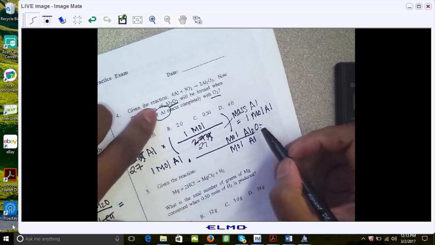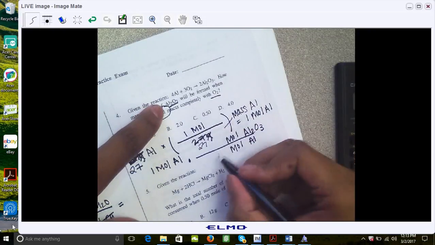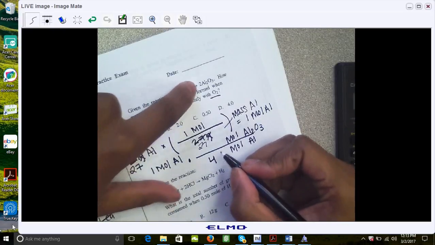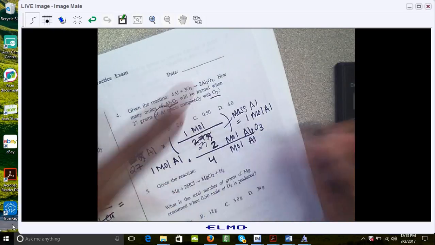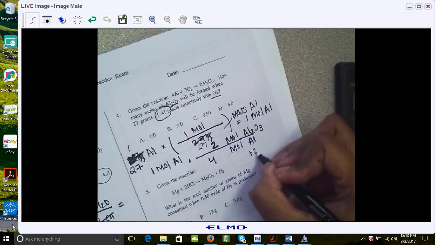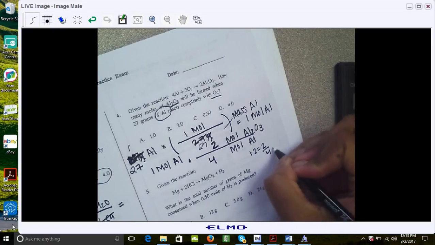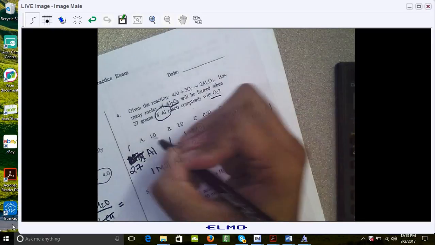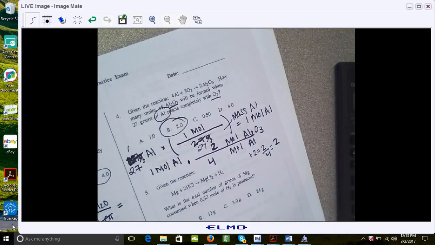So we can go back to our equation. Our moles of Al is 4. Our moles of Al2O3 is 2. So I'm going to do 1 times 2 is going to equal 2. Divide that by 4 is going to give me 2. Okay, I'm just going to check that.